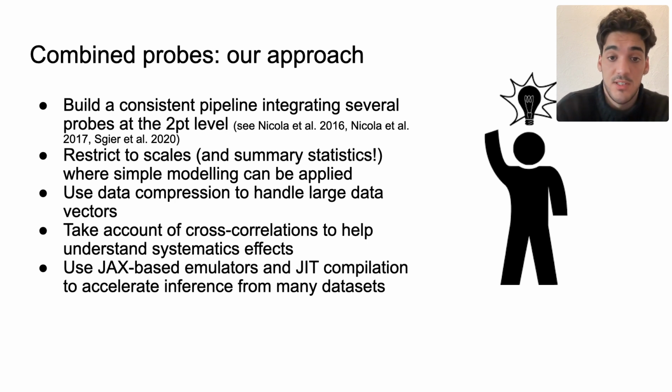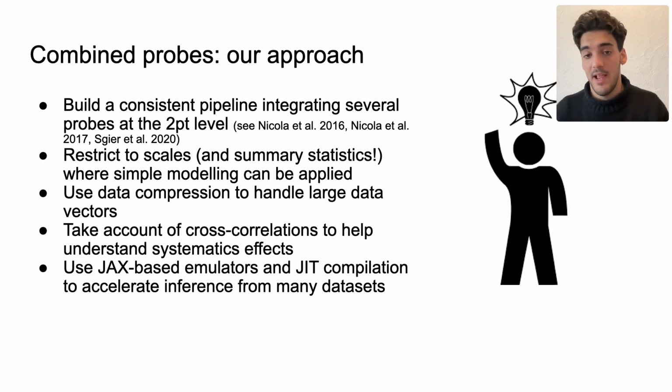In particular, we try to stick to linear scales far away from any scales where baryonic feedback might become an issue, and we try to keep the number of nuisance parameters small to not blow up the parameter space. So the idea is that we win by adding lots of different data sets together and not necessarily by extracting all of the possible information in any one given data set.